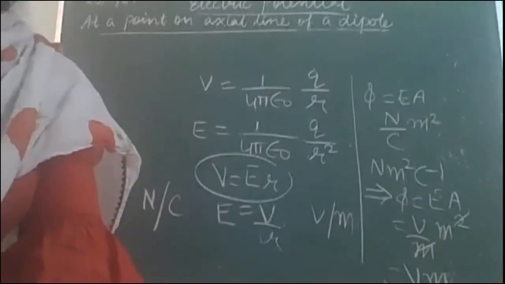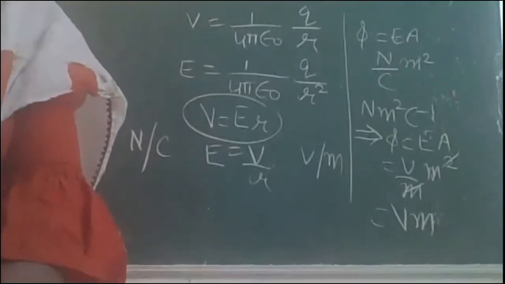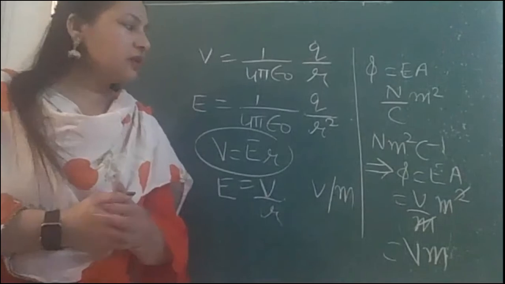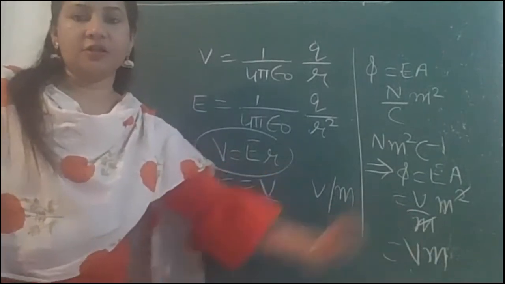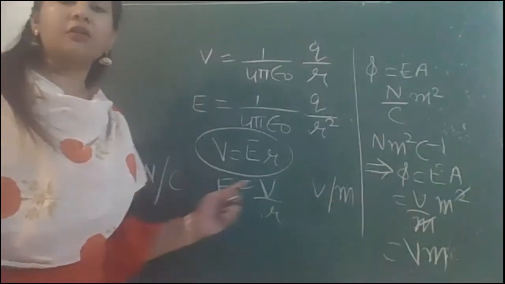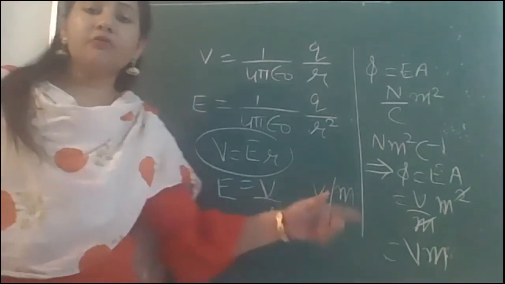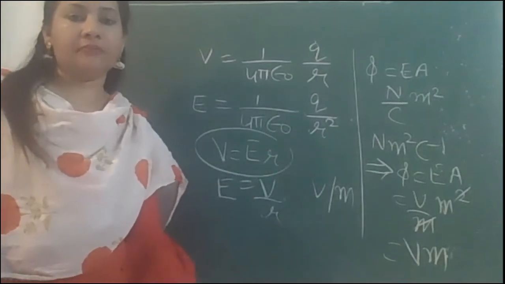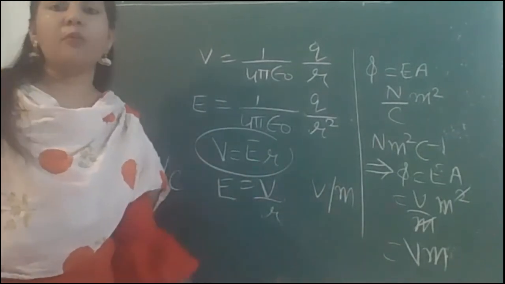They have to think upon that which quantity is having unit volt meter. Volt meter. So that is flux. Note kar lijiye isko. Okay, volt per meter is the unit of electric field intensity, but volt meter is the unit of electric flux. So note this down. Very important discussion.